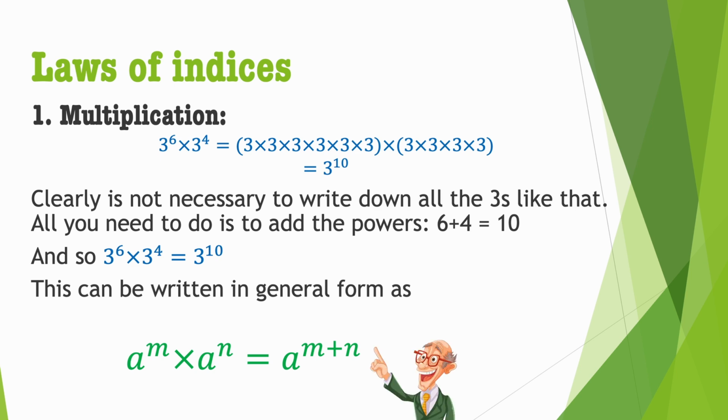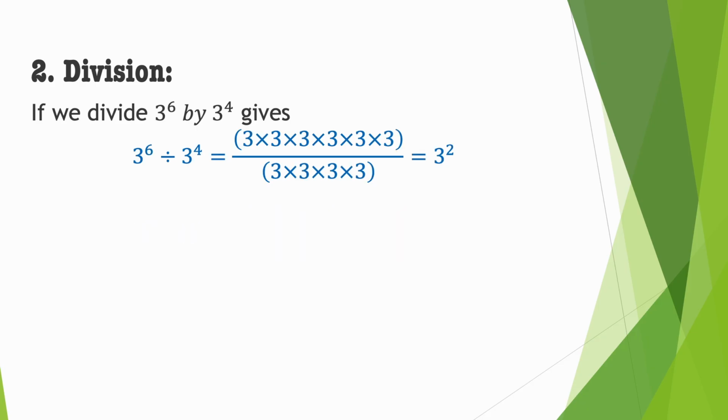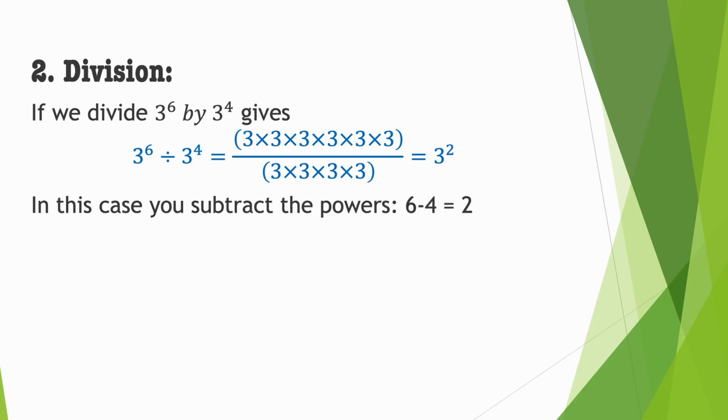If you look at the next law of indices, that talks about division. If we divide 3 to power 6 by 3 to power 4, we do the expansion as normal: 3 times 3 times 3 times 3 times 3 times 3 over 3 times 3 times 3 times 3, and we end up having 3 to power 2.